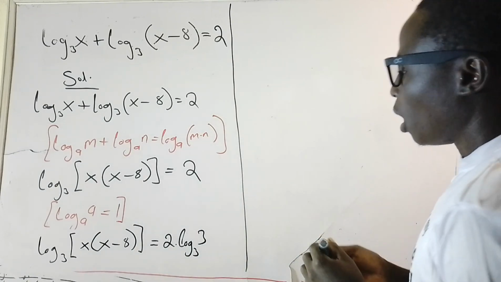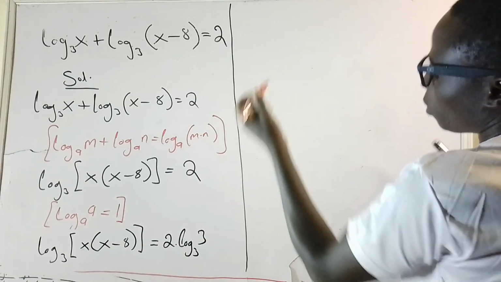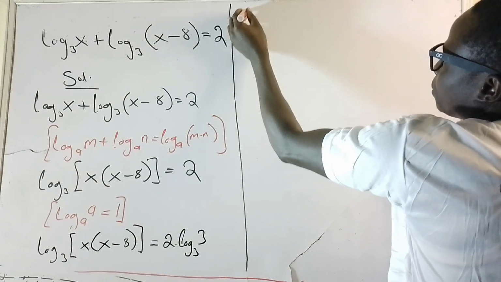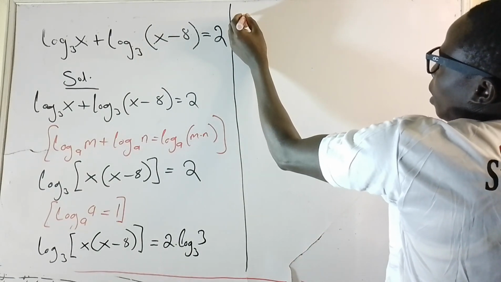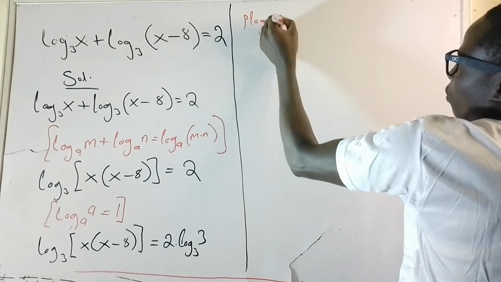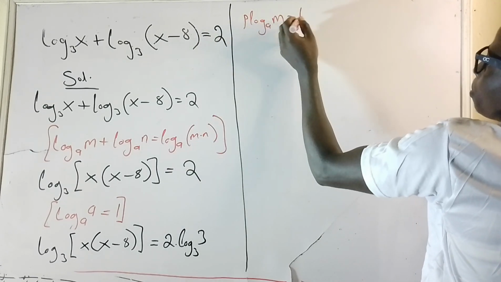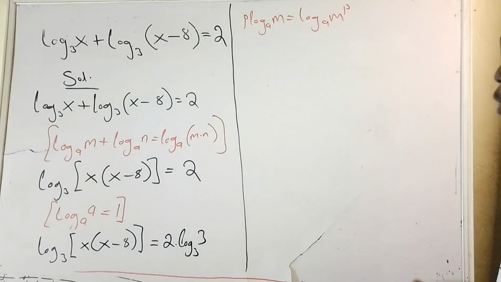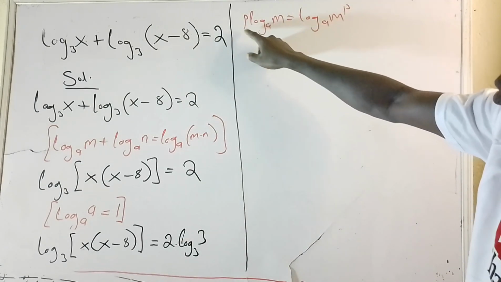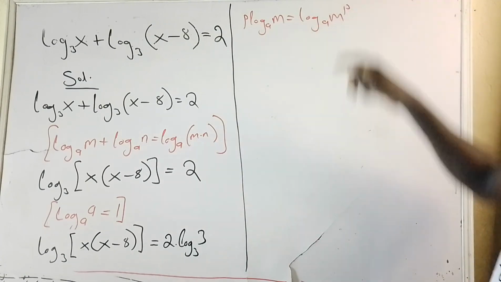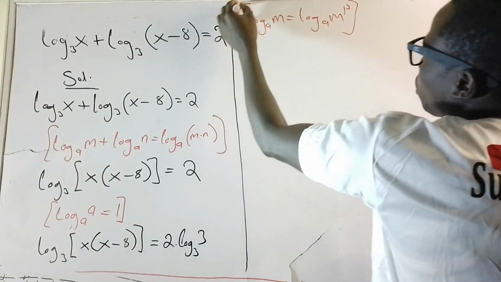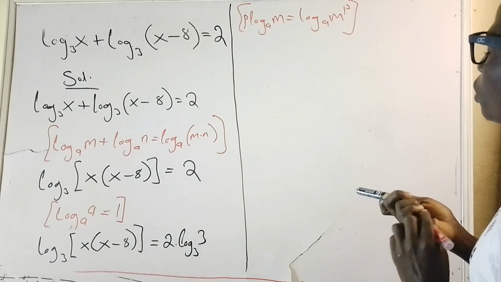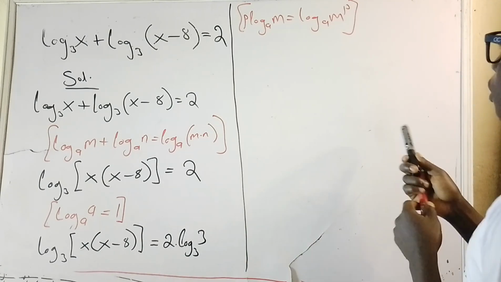Still according to the laws of logarithms, when I have p here, p times log to base a of m, this is the same thing as log to base a of m raised to the power p. That means m raised to the power p. When we apply this rule, it will help us.